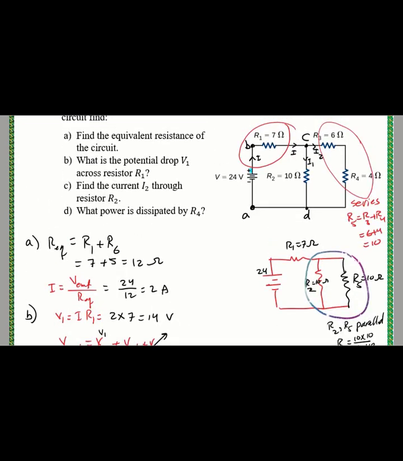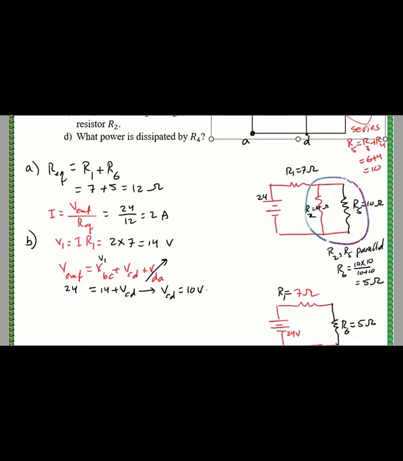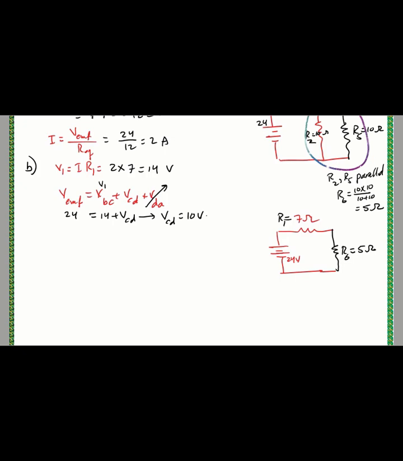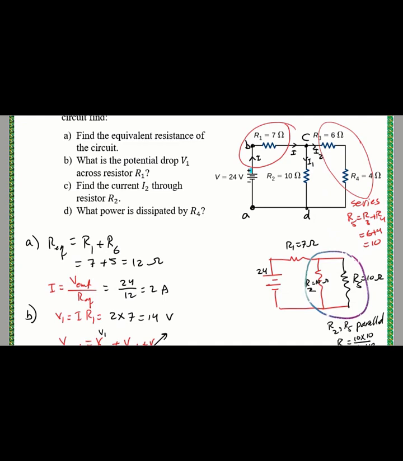Now, if you need to find I2, it is the voltage from C to D divided by 6 plus 4, or find VCD, then find I1, subtract from I, and you will get I2. So I1 equals VCD divided by R2.